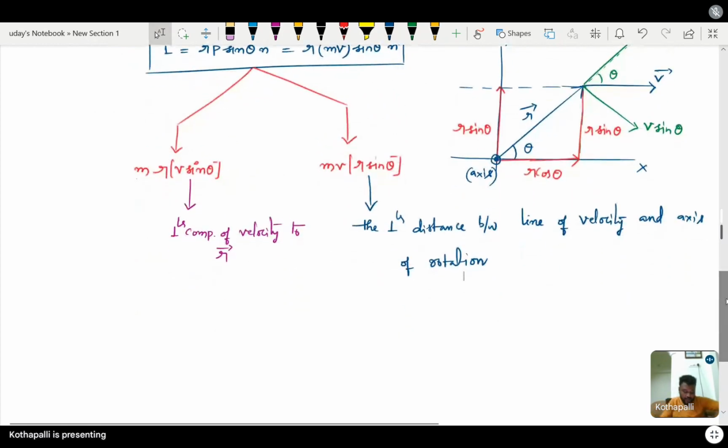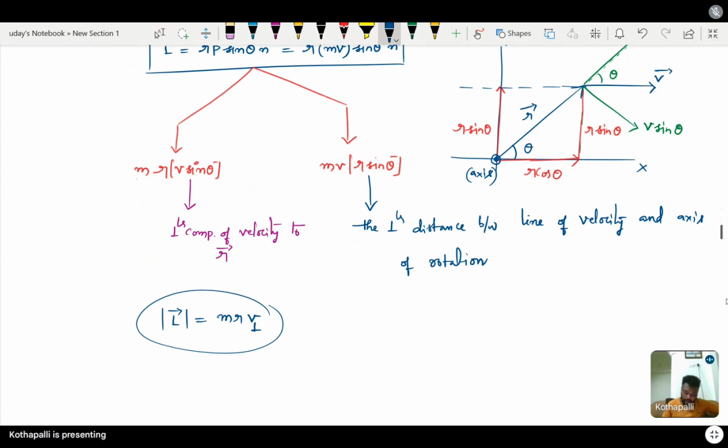So the final conclusion, L vector's magnitude is M times V perpendicular times R, or we can also write L magnitude as M V R perpendicular.